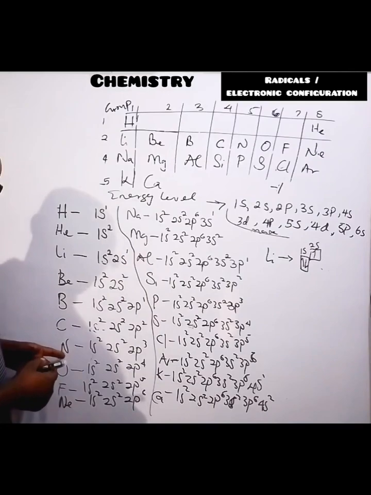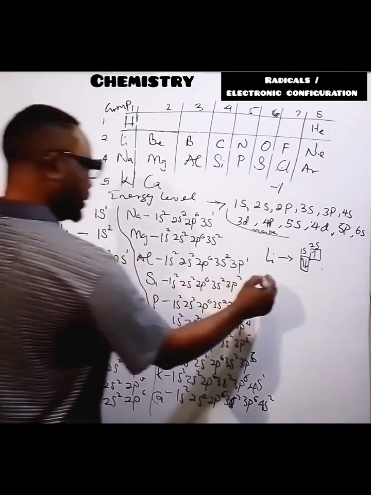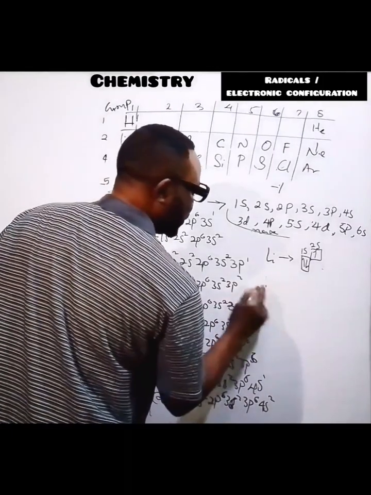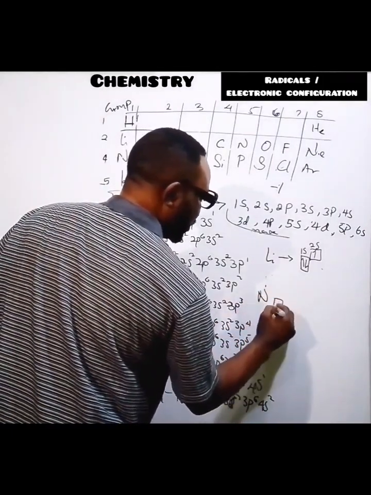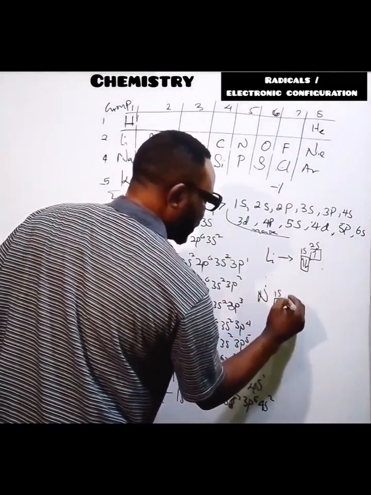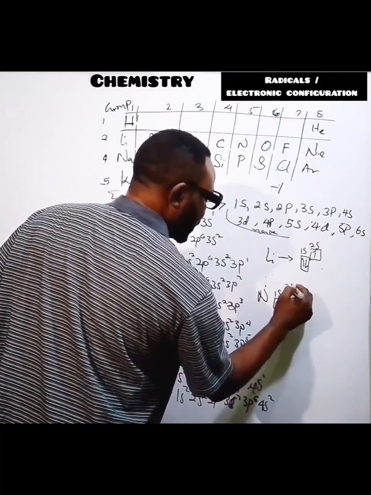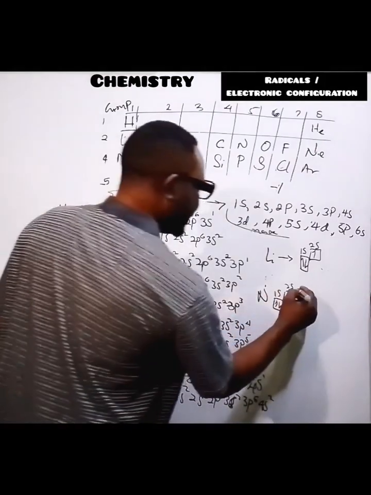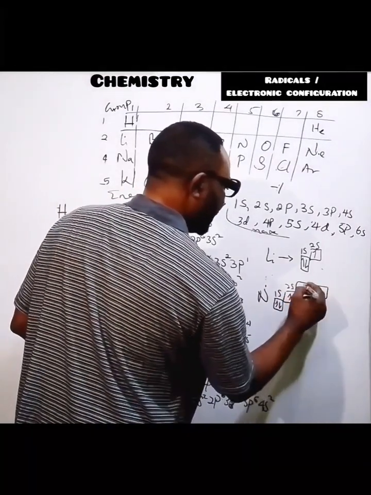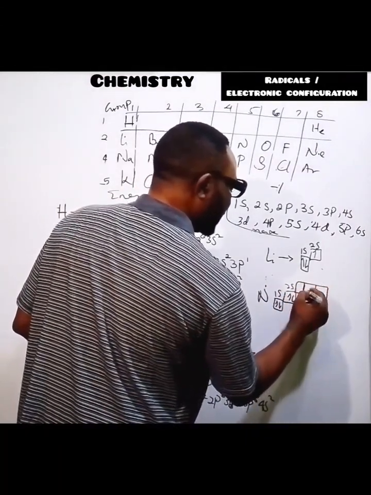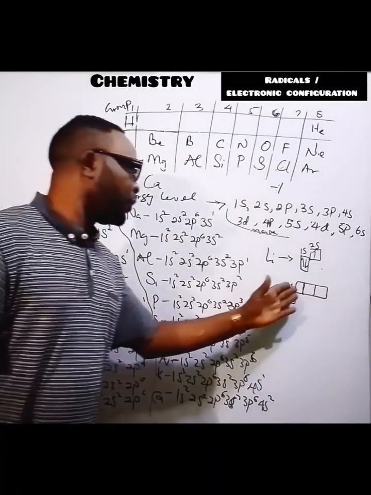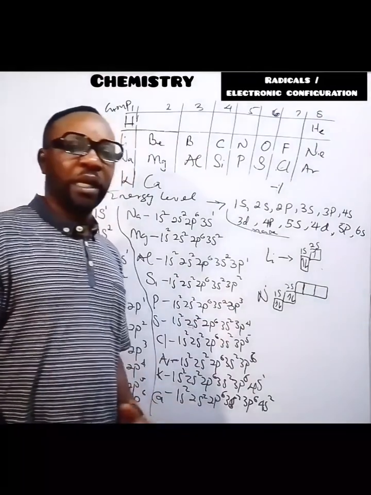Let me also talk about nitrogen now. Nitrogen is 1s2, 2s2, 2p3. Now, the p has 3 subshells, and each of them will be occupied by up to 2 electrons.